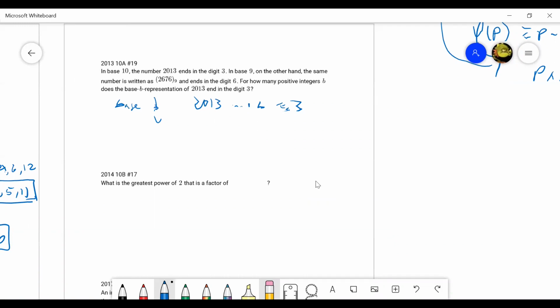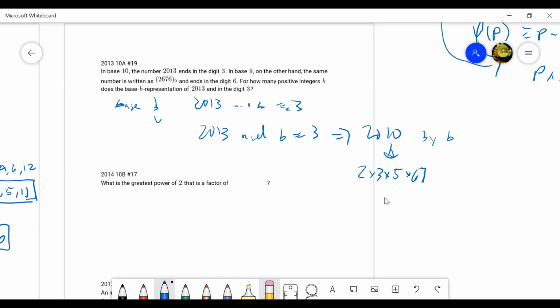All right, so then once you have that, it's kind of simple. This just means that 2010 is divisible by b, right? And you can see that when you subtract 3 on each side, you'll get 0 and 2010. That's why we have that. All right, so from there, 2010 can be factored as 2 times 3 times 5 times 67.